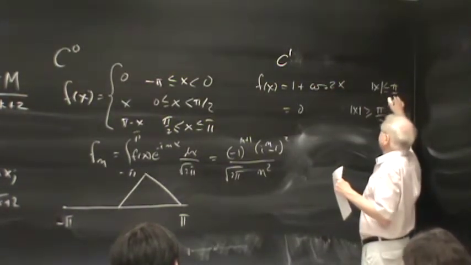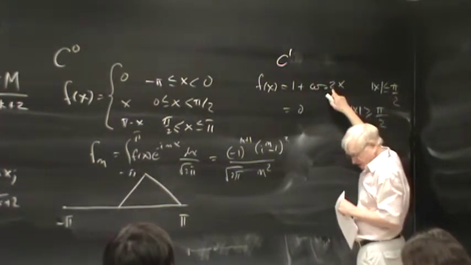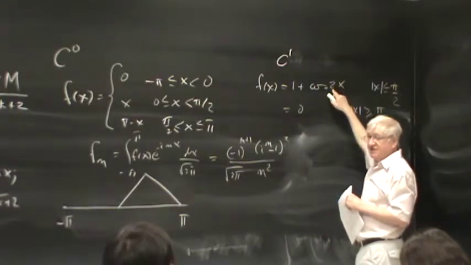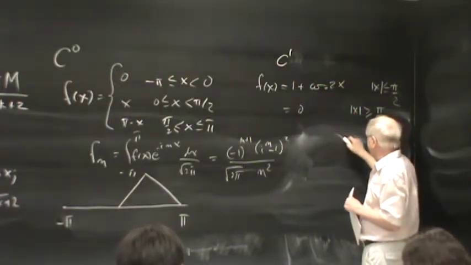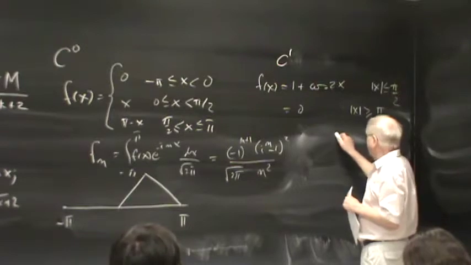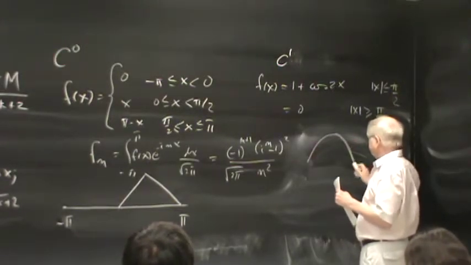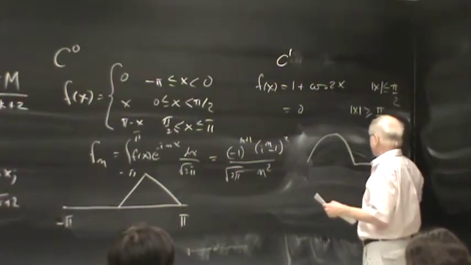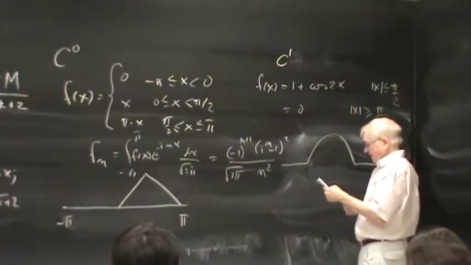Cosine, when it's plus or minus pi over 2, it's cosine plus or minus pi, and those are both equal to minus 1, and so the thing is 0 there. So the thing looks like this. And then it's just 0 beyond that.